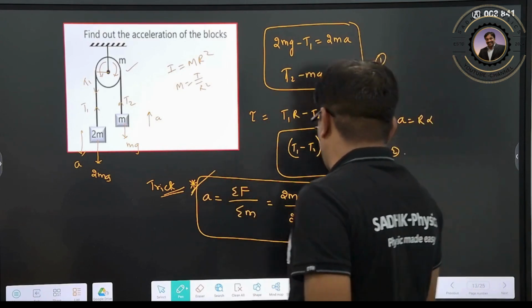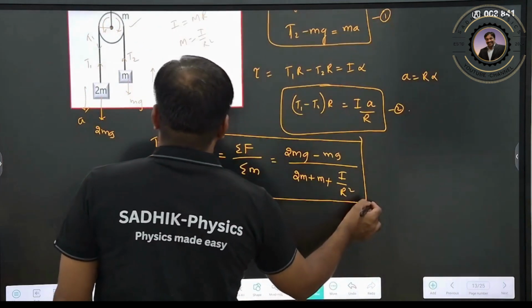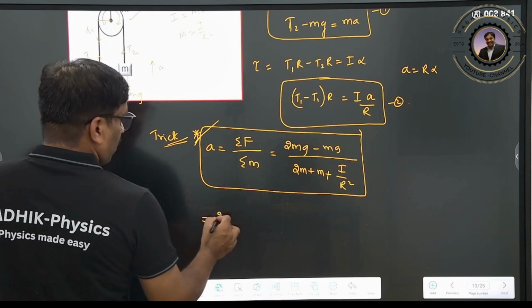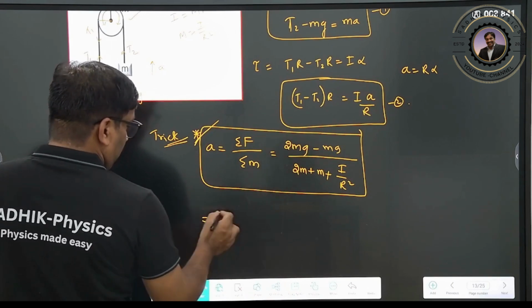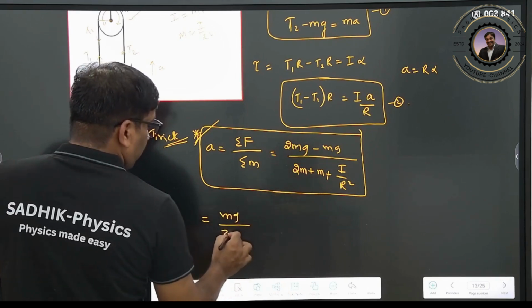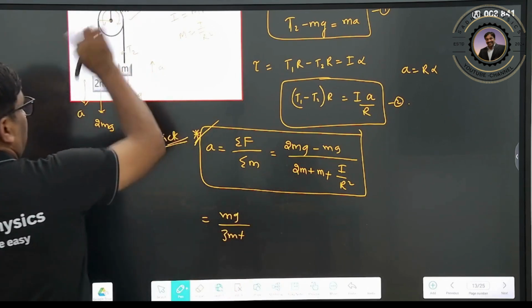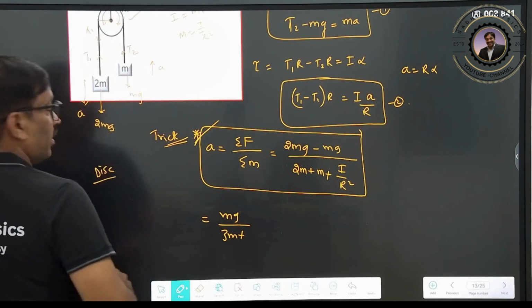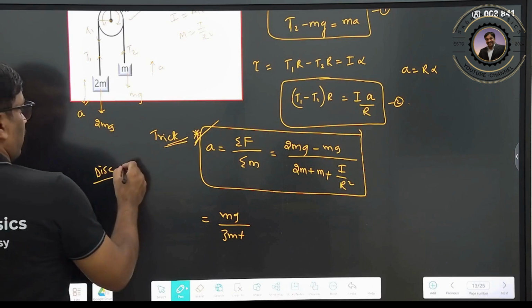Now we will simplify this question very quickly. What is given here? It will be 2mg minus mg is nothing but a, so mg divided by 3m plus, what is this one now? We will take it as a disc, this wheel, right? Now what is the moment of inertia?